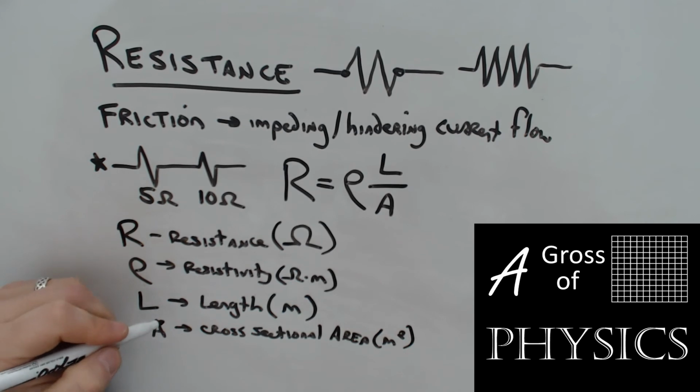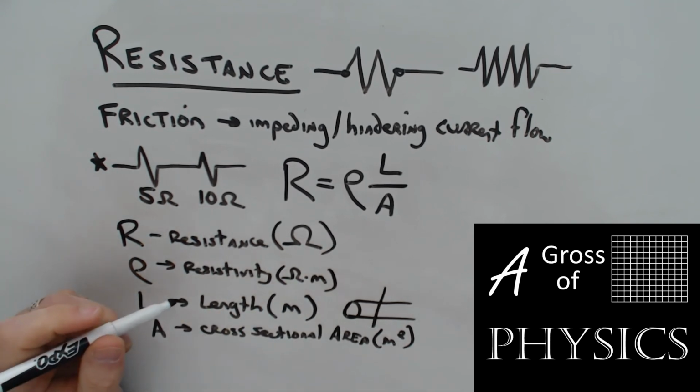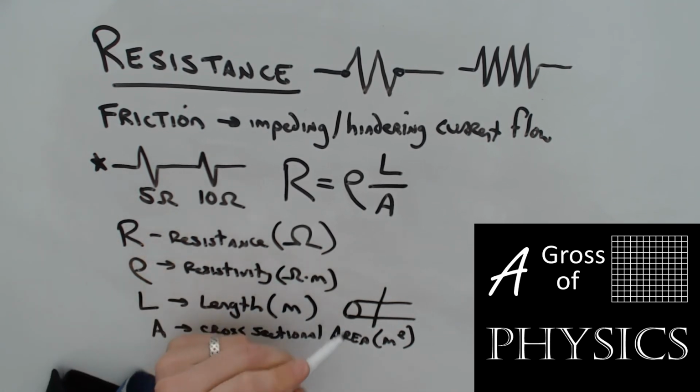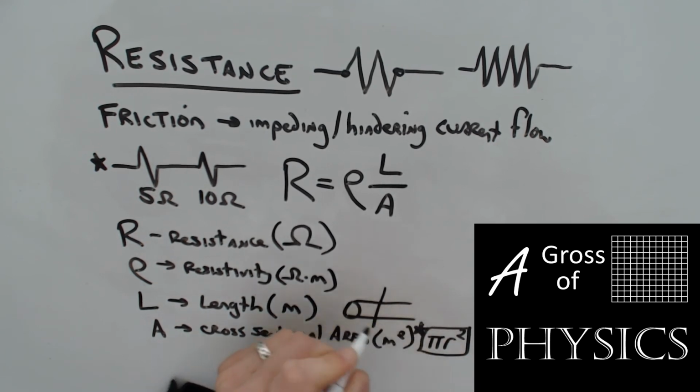So, cross-sectional area typically will be a circle, because if we slice a wire, most wires are cylindrical. So if we slice that 9 times out of 10, it's going to be pi r squared. But that's not guaranteed.